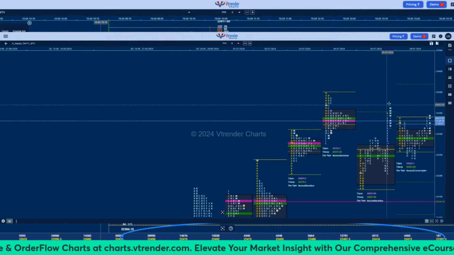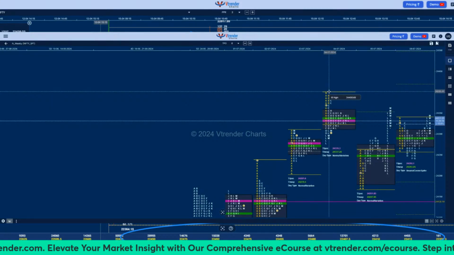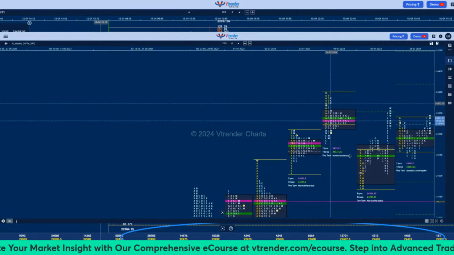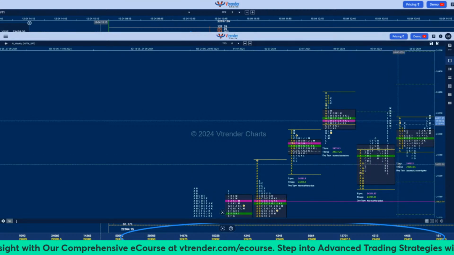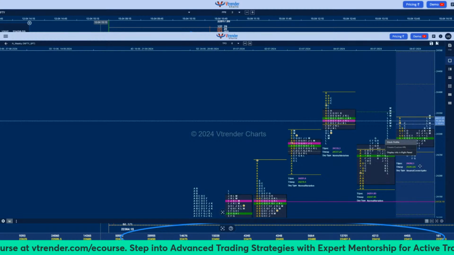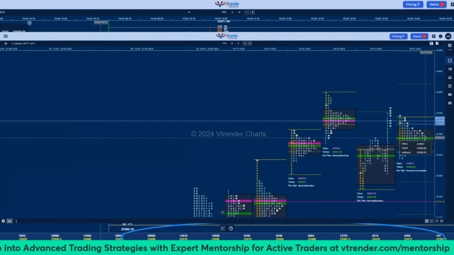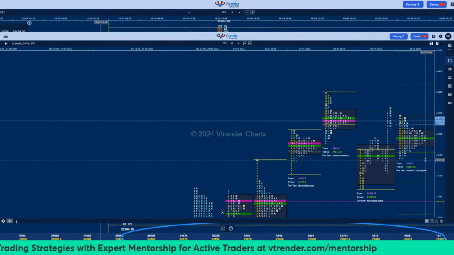If this was fresh buying, they would have opened above this spike and we would have taken out this swing high also of 24401. So what we have done in Nifty spot today is form a neutral day with a nice balanced look, and a very prominent POC at 24292.